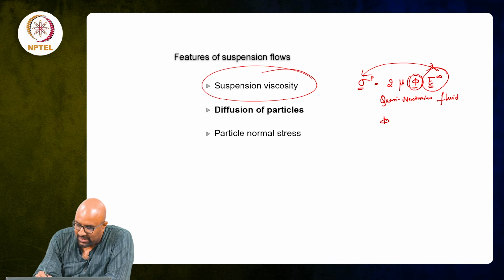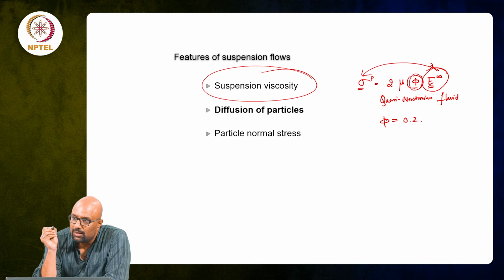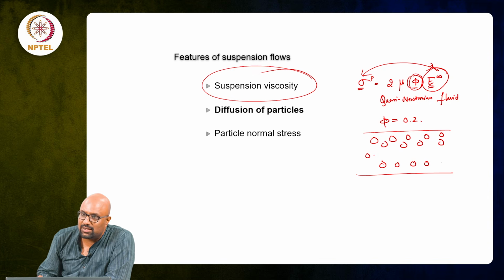So, if you say phi is equal to 0.2, but then when you are studying the problem with flow, you might probably find a higher volume fraction near one location and lower volume fraction in the other location.